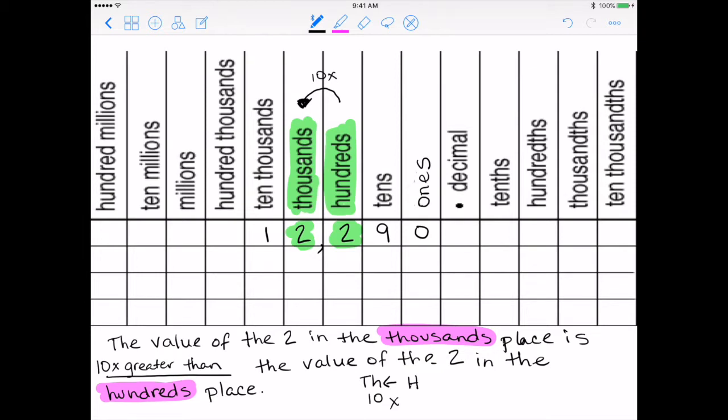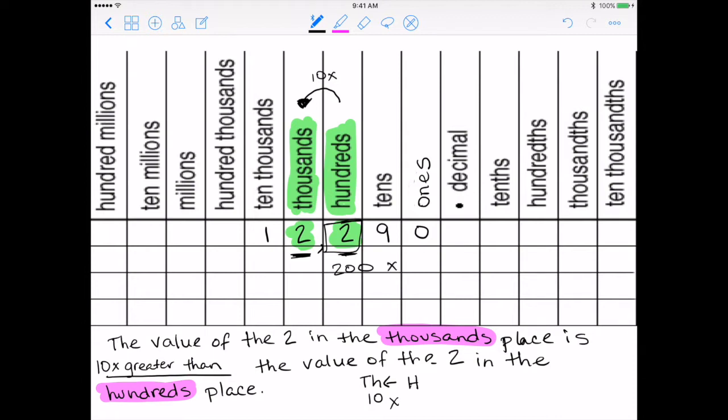And as you can see, the 2,000 is 10 times greater than 200. And you can also check it by saying, well, this 2 has a value of 200.